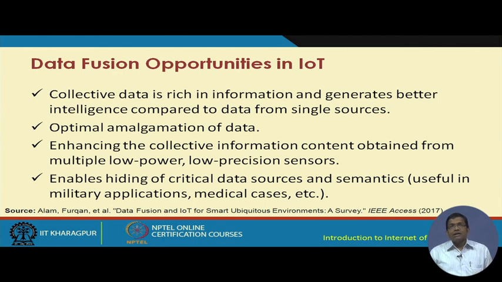Collective data is rich in information and it generates better intelligence, better insight compared to the single source data from different individual sensors. So, putting this data together will get you better insight.